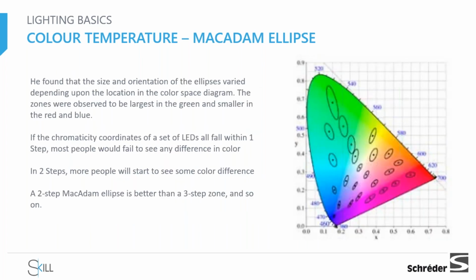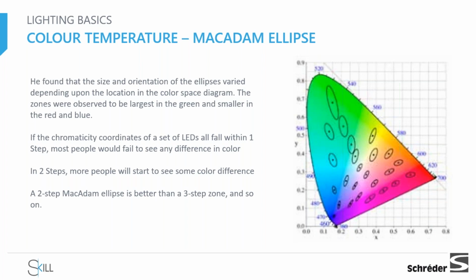That's why we say MacAdam for his name and ellipse, because within a specific ellipse, maybe we will speak about one step later, 50% of people will not be able to distinguish the color difference inside the ellipse itself. Of course, if you look here, all of us will be able to distinguish, because this ellipse is magnified 10 times just for us to be able to see and understand it. In real life, it will be much smaller.